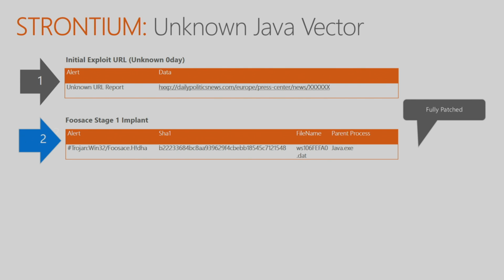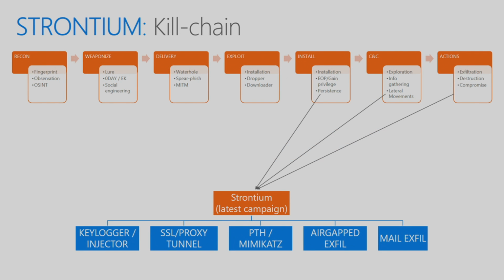What we saw was victims visiting URLs with fully patched Oracle Java getting implants on their machine. So what does that tell us? Yes, another 0-day in the wild. It actually took us about another 6 months to track that down. It was very difficult to pull the file back. They were doing all sorts of deletes and things, but we had about a 6-month head start tracking this 0-day.